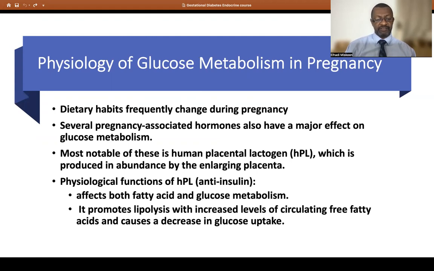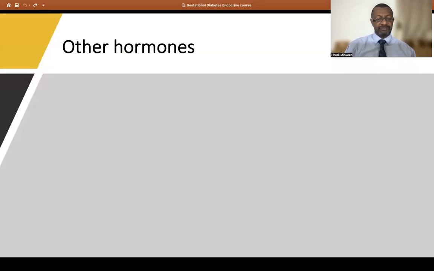The physiological function of human placental lactogen is to act as an anti-insulin, affecting both fatty acid and glucose metabolism. It promotes lipolysis with increased levels of circulating free fatty acids and causes a decrease in glucose uptake.